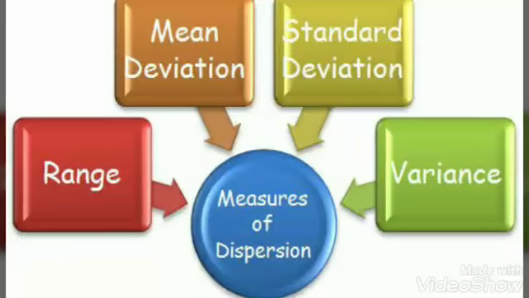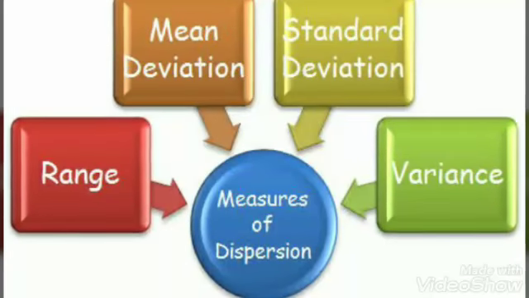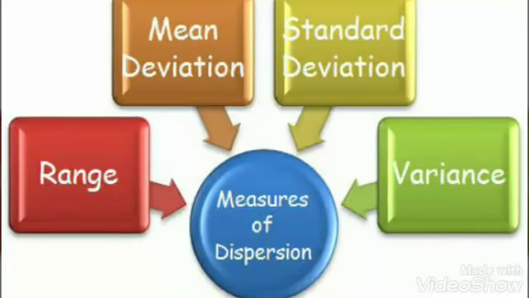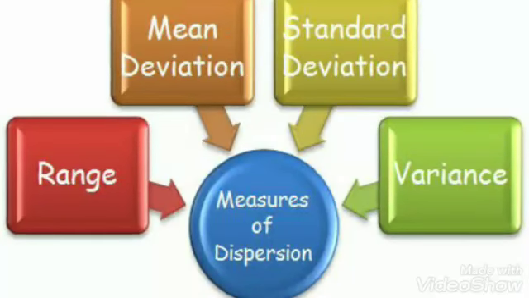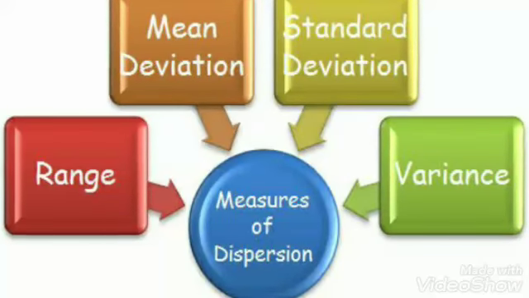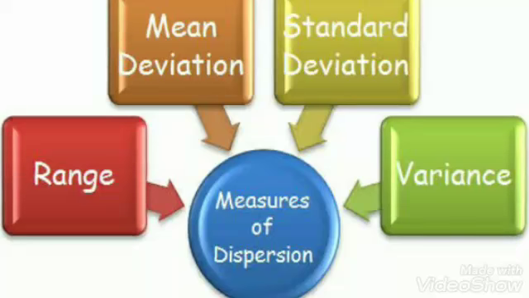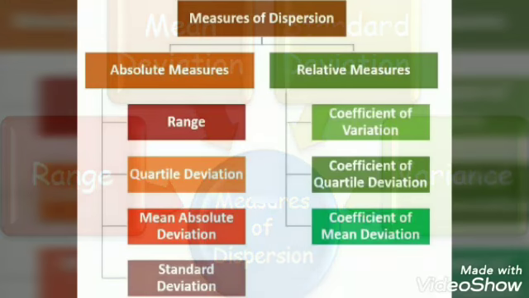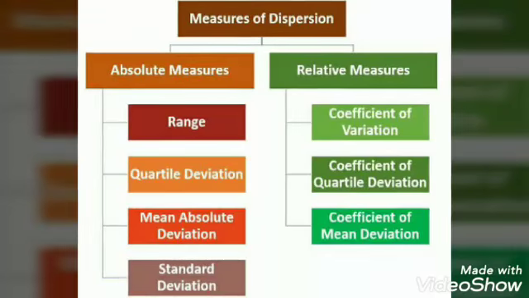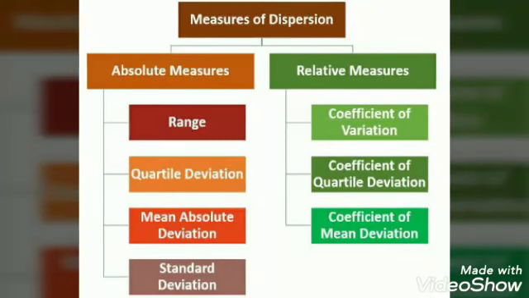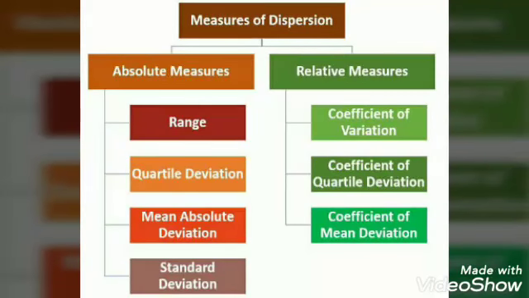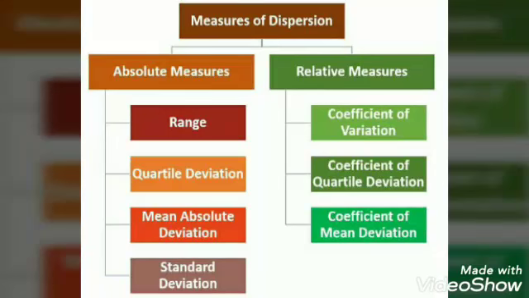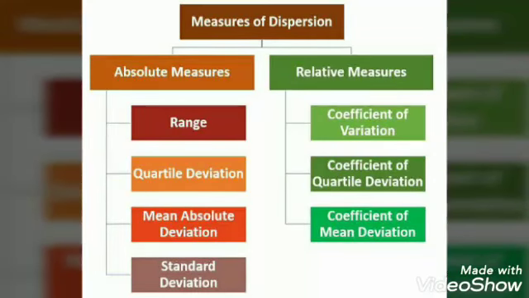We consider four measures of dispersion, that is the range, the mean deviation, standard deviation and variance. Children, there are two methods of measuring dispersion: one is an absolute measure, another is a relative measure. Under absolute measures, we will do range, quartile deviation, interquartile range, mean deviation and standard deviation.